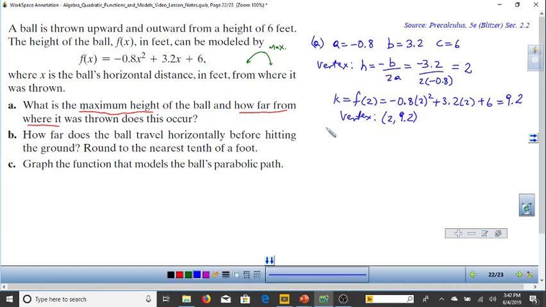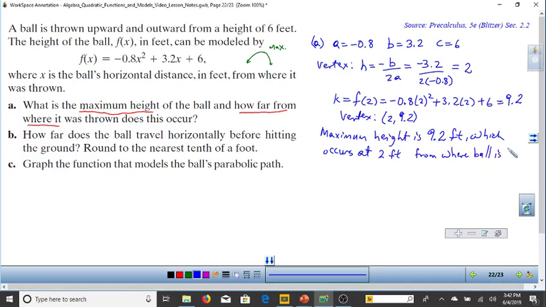So for part A, the maximum height is 9.2 feet, and it occurs at 2 feet, which is the h, from where the ball is thrown. There we have it.